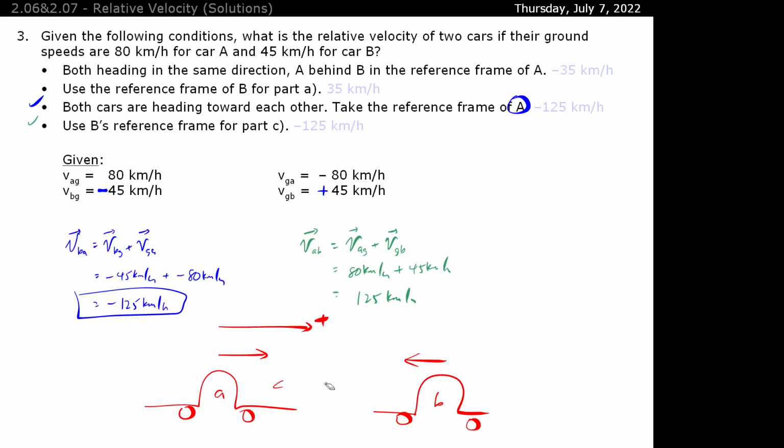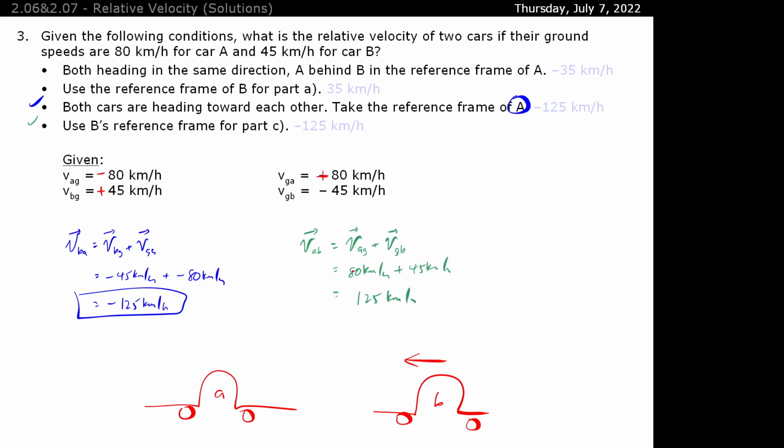All right, and we take it that car B is the frame of reference, and I think I had to change all the signs now. Whoopsie daisy. So if B's frame of reference is positive, then this would have been positive and this would have been negative. I forgot to do that.